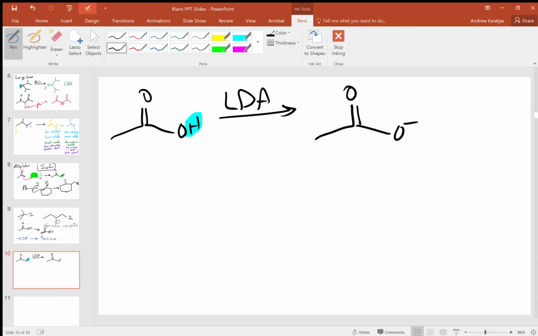So what do we do if we wanted to be able to react with a carboxylic acid? Well, in some situations we might just basically be out of luck. But if we're trying to do something simple like acetic acid, there's some actually pretty easy ways around it.